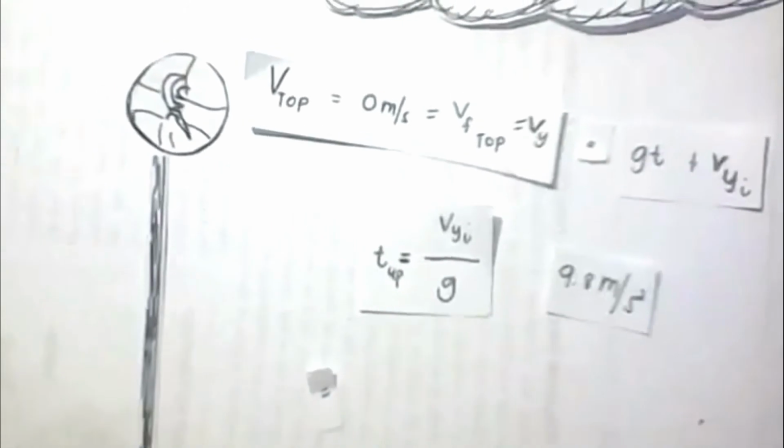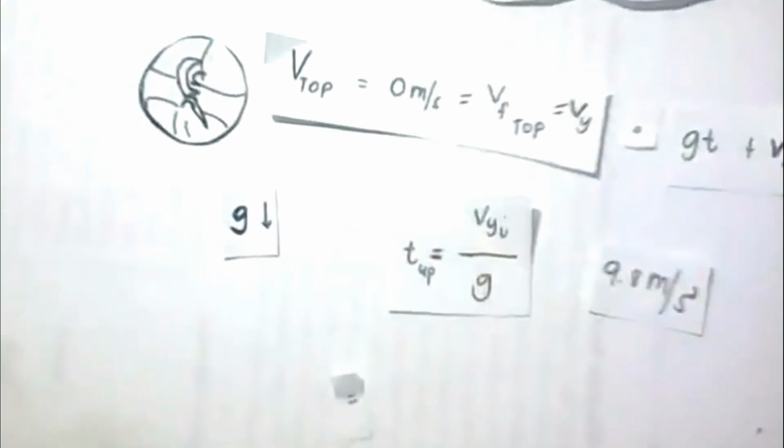In this case, due to the pull of gravity, we know that it is going downward, but this ball won't go that way, rather it will move that way. The time that it takes for the ball to reach this position is also the amount of time it needs to get down to its initial level, or the same level.